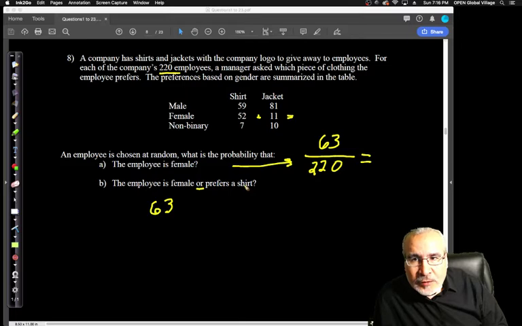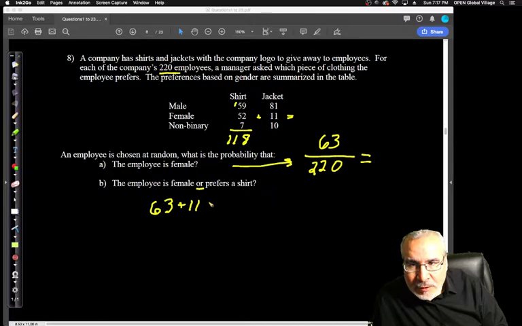Female or prefers a shirt, so all those that prefer a shirt are down this way, so we just sort of need to total this column. 59 plus 52 plus 7, so we get 9 and 2 is 11, plus 7 is 18, carry the 1, and that's 10 plus 1 is 11, 118.